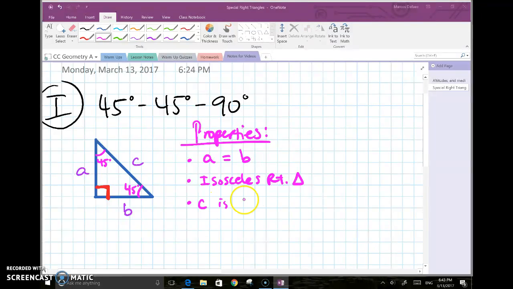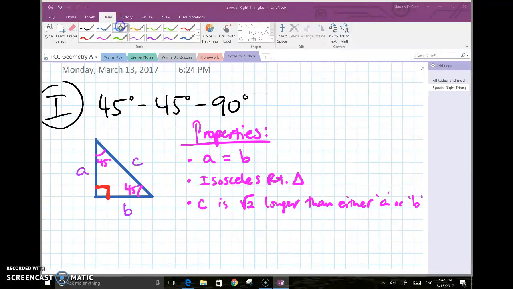C is this much longer than either A or B.